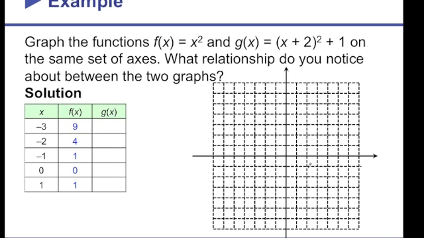Go ahead and graph the f of x equals x squared that we already have. Negative 3, 9, negative 2, 4, negative 1, 1, 0, 0, 1, 1, 2, 4, and 3, 9 again.